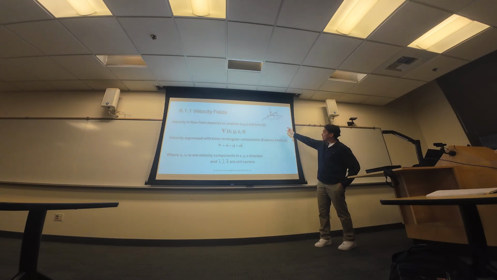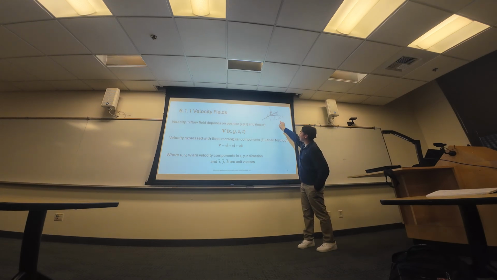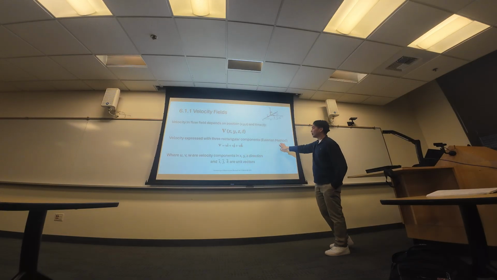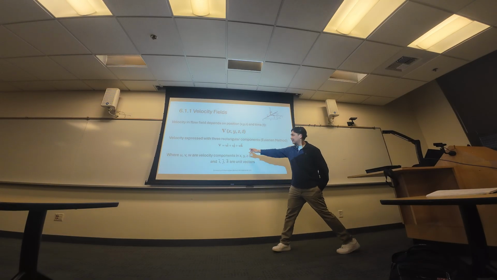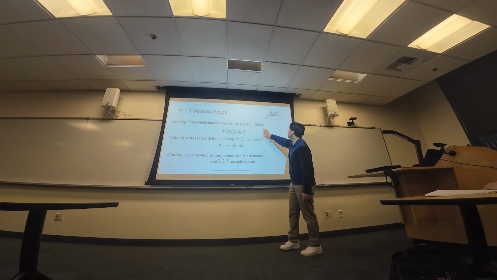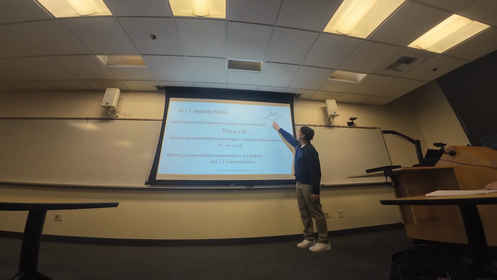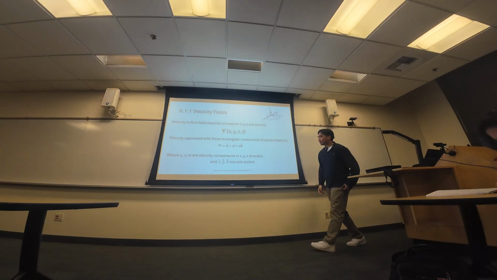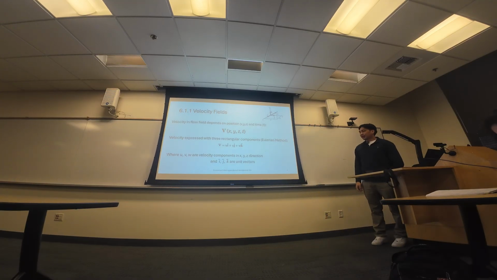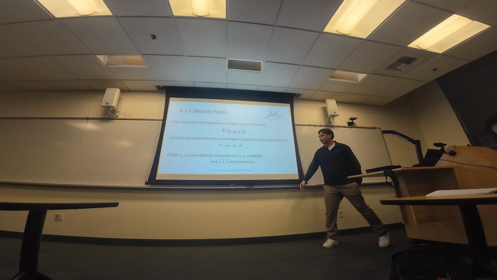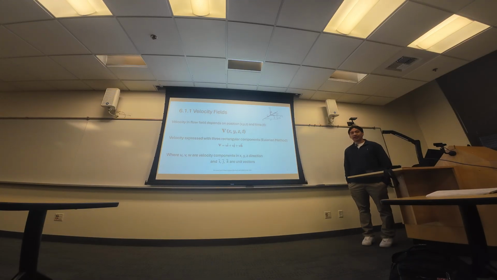These values i, j, k are your unit vectors, but velocity is expressed in u, v, w. So velocity in each respective direction is u, v, w. Unit vectors are just the magnitude and direction of one in those respective directions.